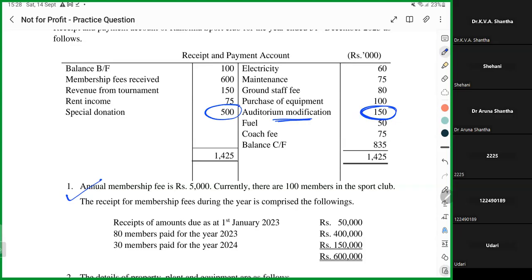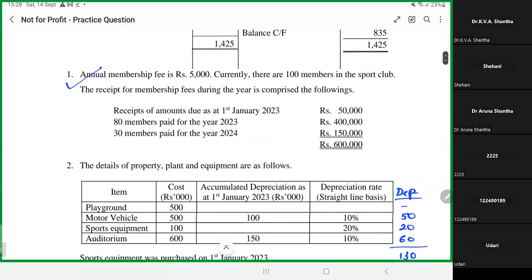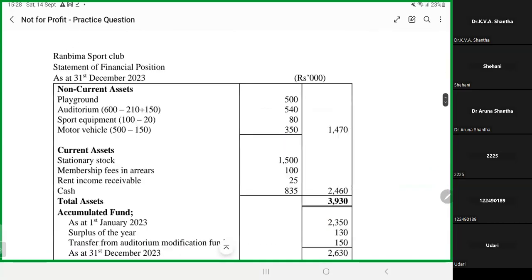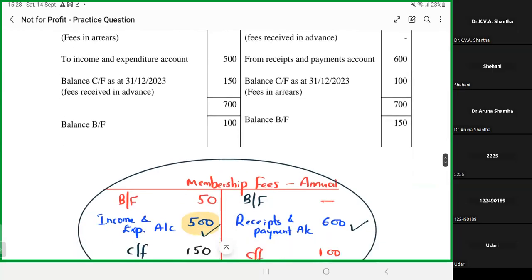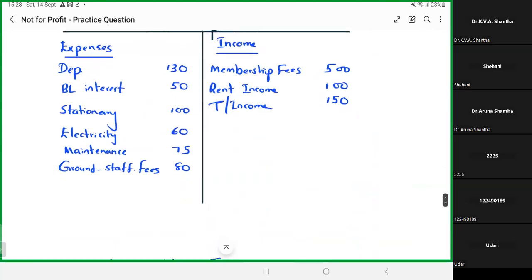For the auditorium modification, you receive special donation 500. Then what happened was, we have taken to a separate account 500.